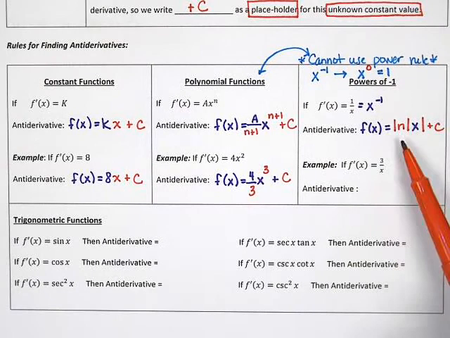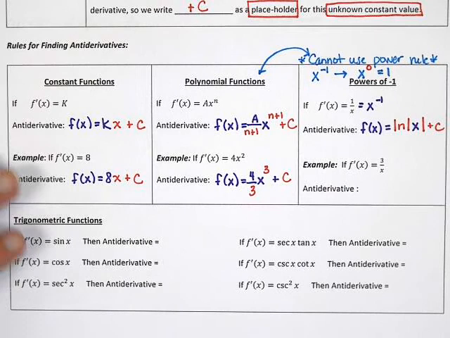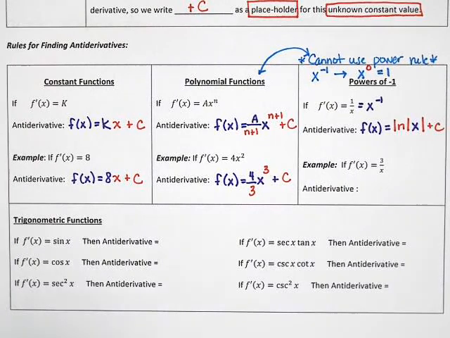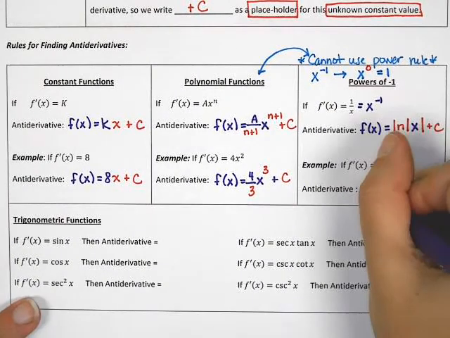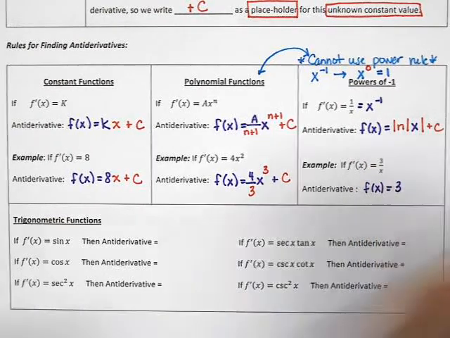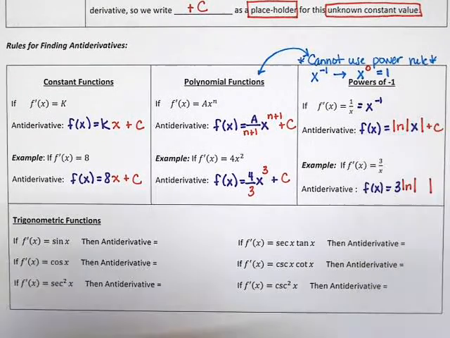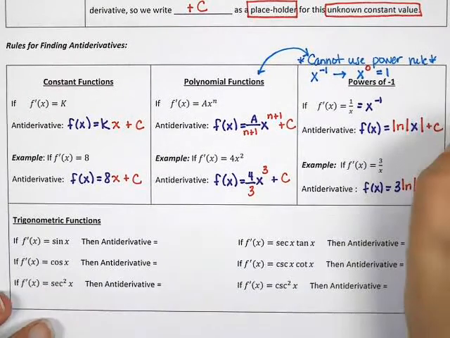It needs to be natural log when it's a -1 power. There needs to be an absolute value. And the reason we need to have an absolute value is that natural logs cannot have inputs of negative numbers. So we need to force all of our numbers to be positive. And if we look at an example, if our derivative is 3 over x, then our antiderivative would be 3 times the natural log of the absolute value of x plus c.